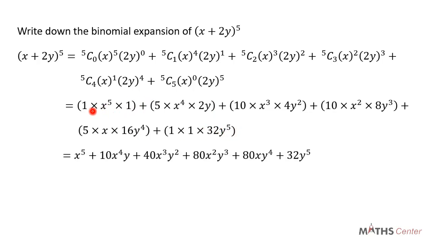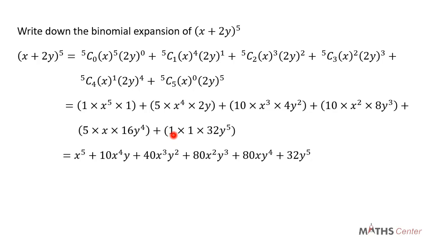Let's simplify this. 1 times x^5 times 1 gives us x^5. 5 times x^4 times 2y gives us 10x^4y. 10 times x^3 times 4y^2 gives us 40x^3y^2. 10 times x^2 times 8y^3 gives us 80x^2y^3. 5 times x times 16y^4 gives us 80xy^4.